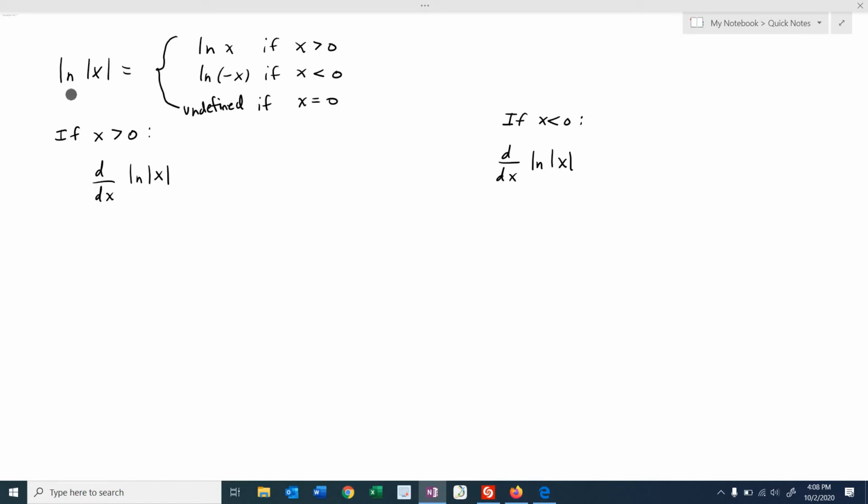Now we want to find the derivative of the natural log of the absolute value of x with respect to x, and we're going to break it up into two cases. If x happens to be positive, then the derivative of the natural log of the absolute value of x is the same as finding the derivative of the natural log of x, because these are the same thing if x is positive. That's what this piecewise function is telling us.